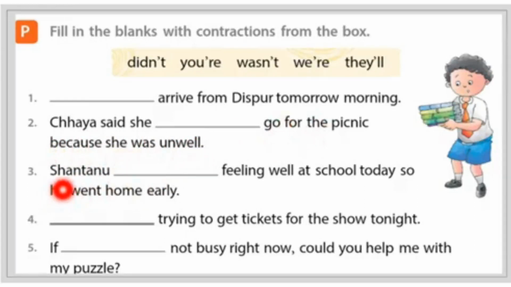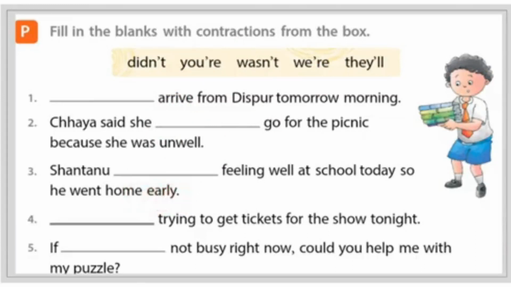Now let's see the third one. Shandanu dash feeling well at school today, so he went home early. Shandanu is again the name of a person. It's a singular one. So what do we have to use? A singular verb over here. So you can use "Shandanu didn't feeling well", or "Shandanu wasn't feeling well", or can we use "weren't"?